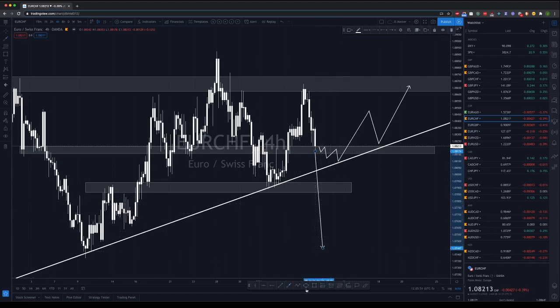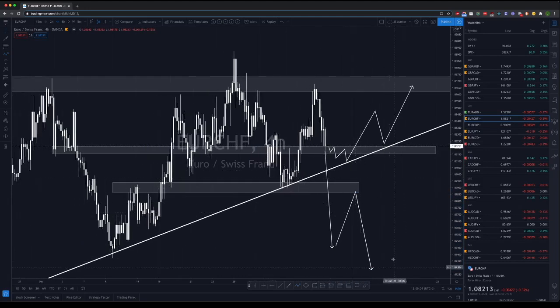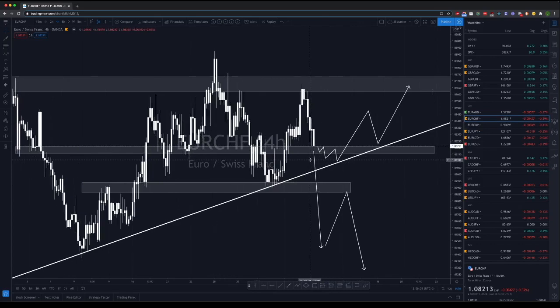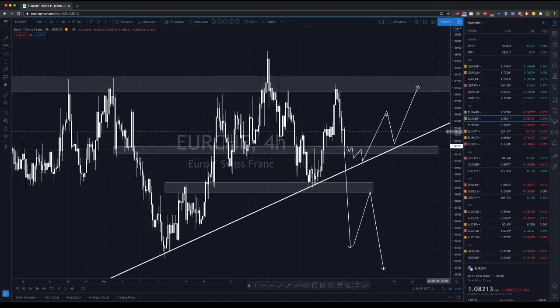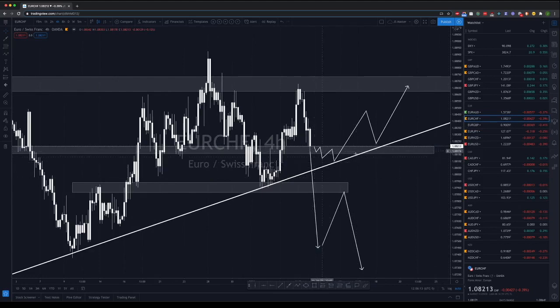So I'll wait for it to make that momentum move, come back up, test it, and then I'll look for shorts. I'll keep this on my chart because I think it's an interesting pair for this week, because of the levels being formed in here. So it's just a matter of looking at price action to see how it plays out.